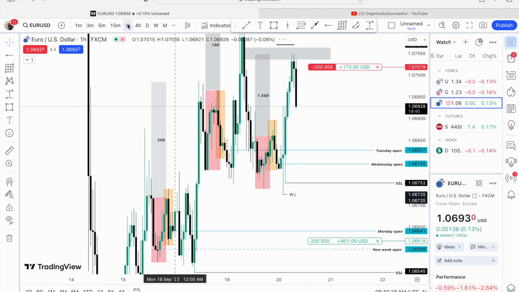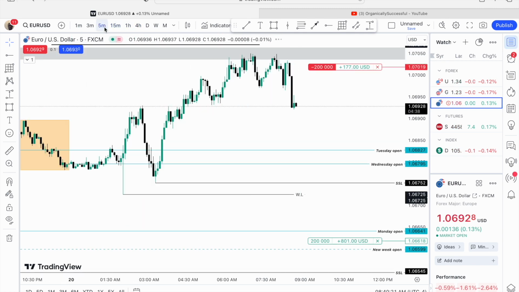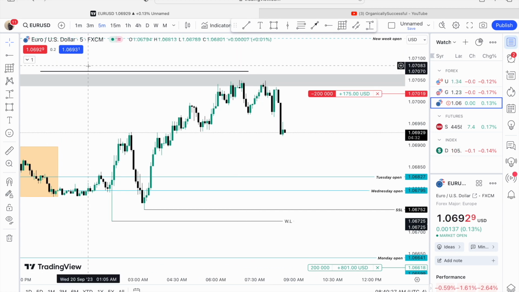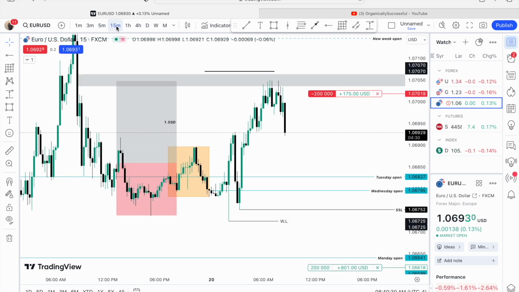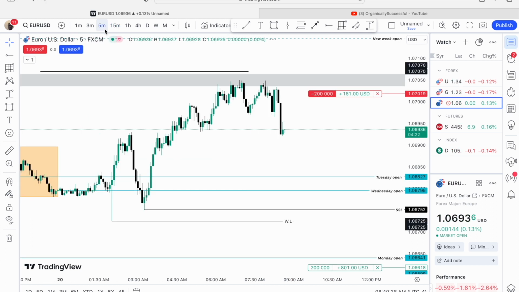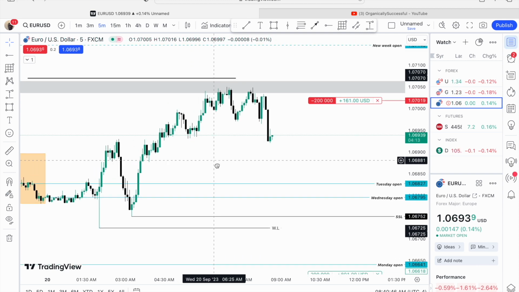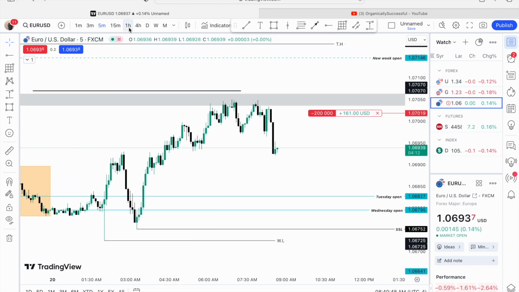So any strength that comes in will be suspect, and we could look at that as false, because we already know that the higher time frame wants to carry prices lower.